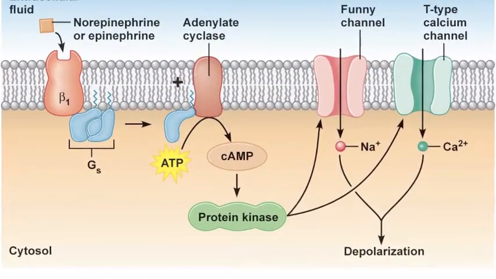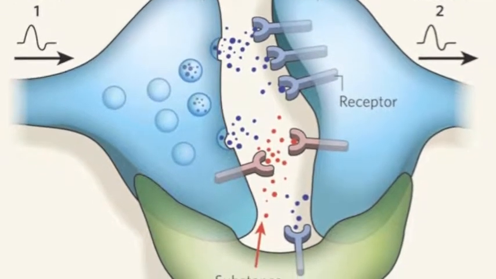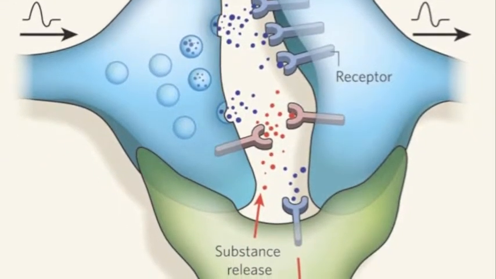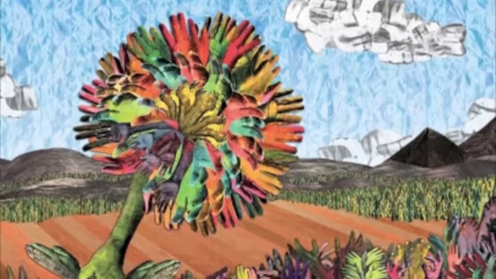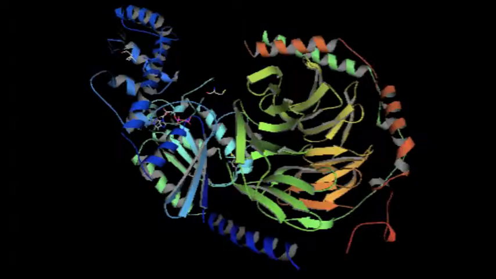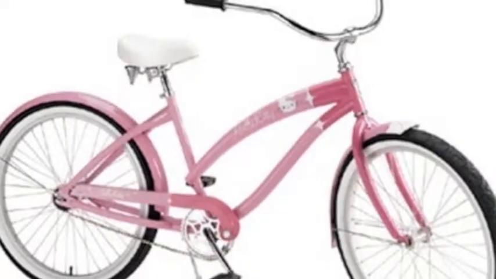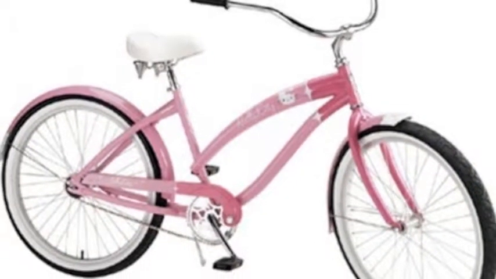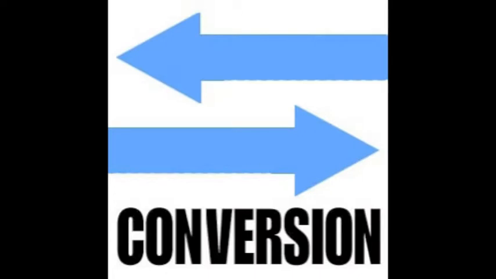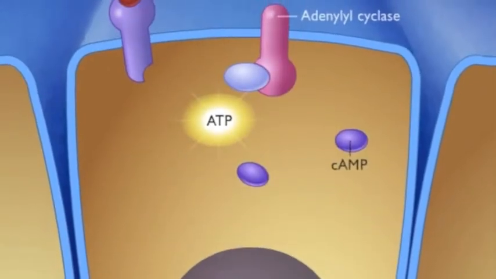When noradrenaline binds to its receptors on the neuron, the receptor will bind a G protein on the inside of the membrane. A G protein is a protein that transmits information from outside of the cell and causes changes within the cell. The G protein then causes the enzyme adenyl cyclase to convert ATP to cAMP.